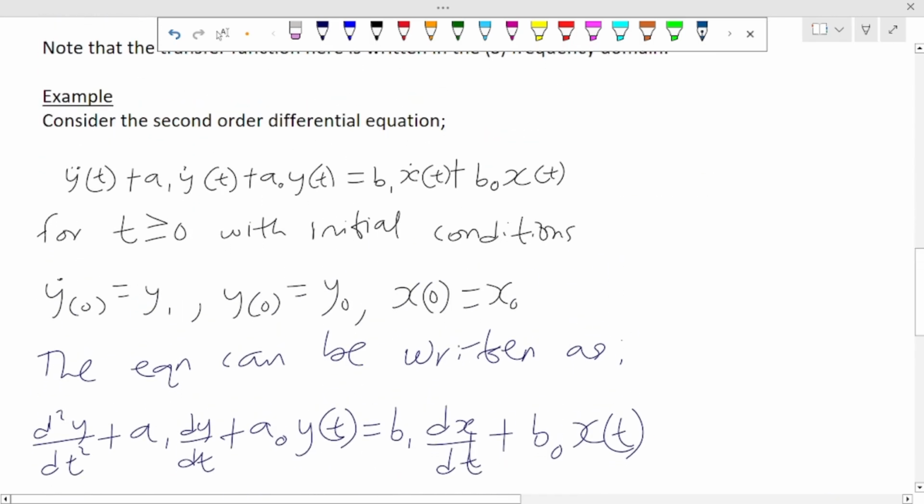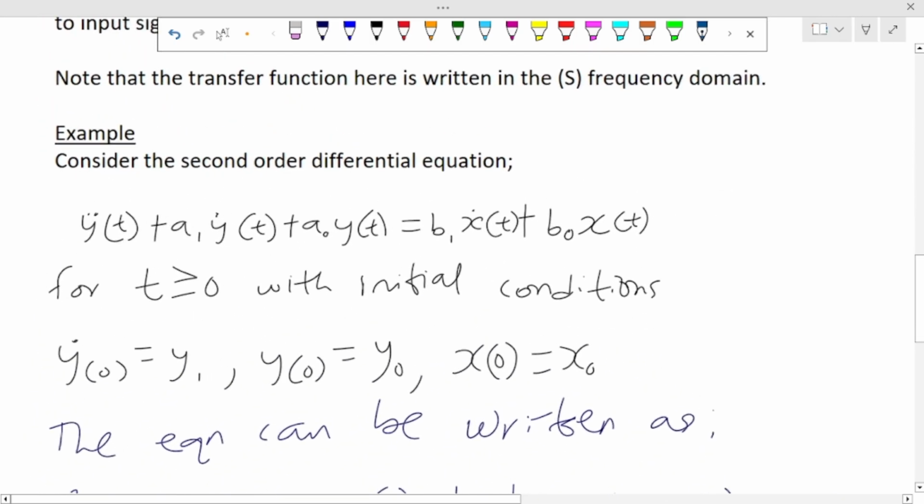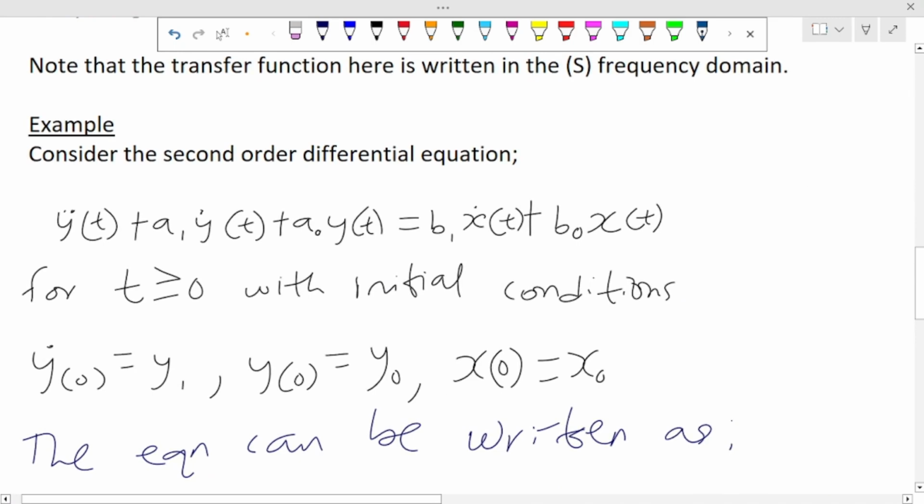In case you are not too clear with what I just said, no problem. As we keep solving, you will get to understand what we mean by frequency, by the S domain, and why we are taking it there. Let me just quickly say it.